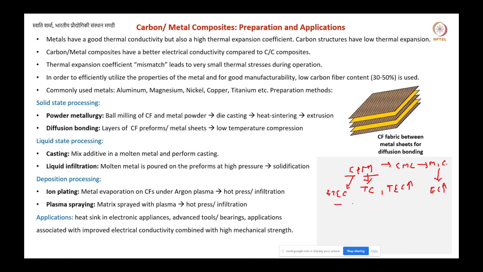Now because the thermal expansion coefficient in the metal is high, but in the carbon it is low, that can give you a small thermal stress during operation because of this mismatch. So, for the property of the metal and for good manufacturability, low carbon fiber content is used.